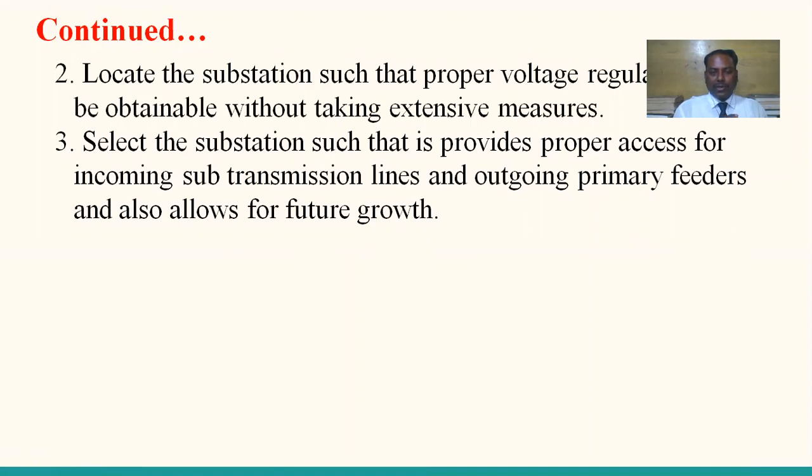Therefore, while selecting the site for establishing a substation, what is the access of incoming lines or incoming sub-transmission lines? That is most important. Why? Because if the sub-transmission line distance is very far away, a high amount of cost is required. So select the substation such that it provides proper access for incoming sub-transmission lines and outgoing primary feeders, and also allows for future growth.